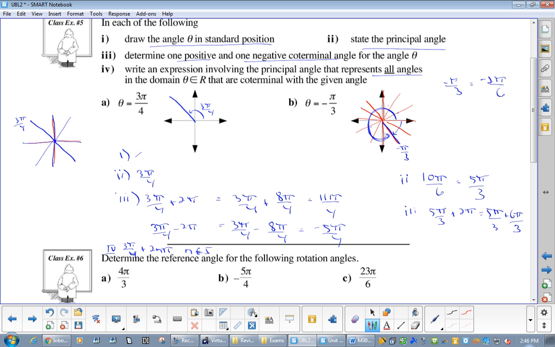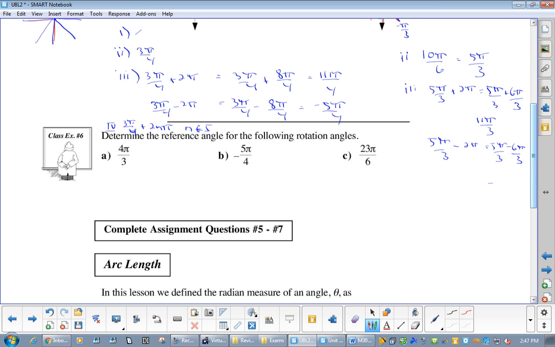So the answer would be 11 pi over 3. And then if we did 5 pi over 3 minus 2 pi, that would be 5 pi over 3 minus 6 pi over 3, which would be negative pi over 3, which was our original question anyway, right?